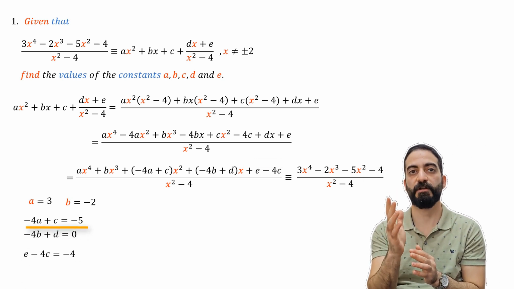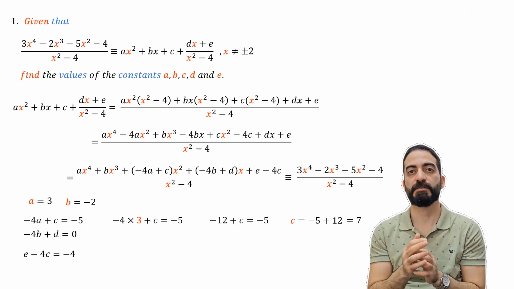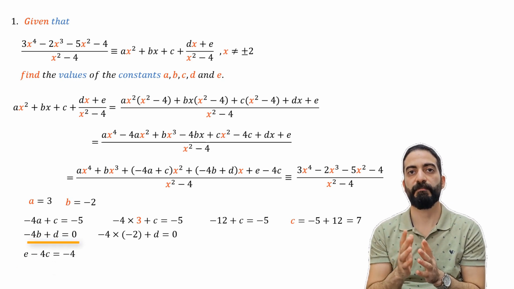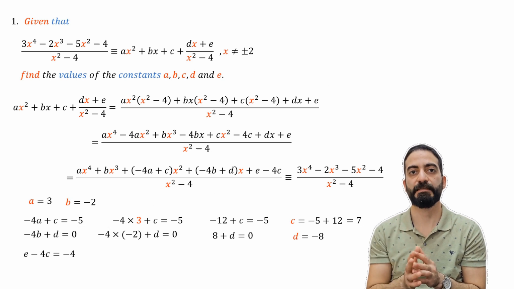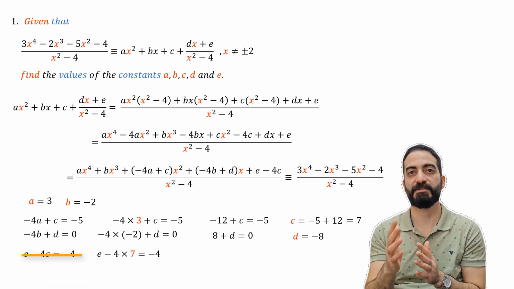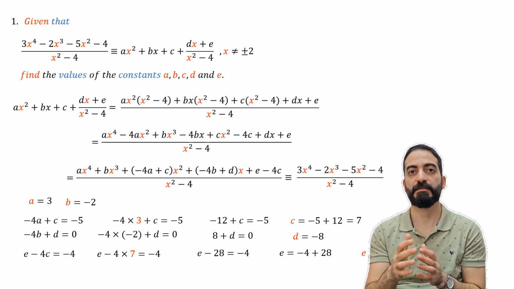Here, if we put the value of A, which is 3, we can get C in this form. Here, if we put the value of B, which is minus 2, we can get D in this form. And here, if we put C in its value, we can get E in this form.